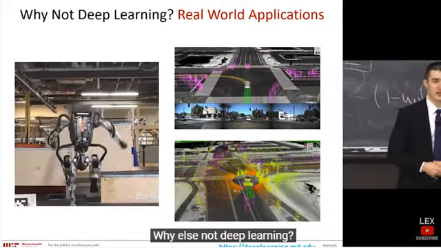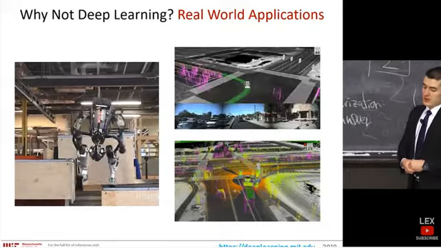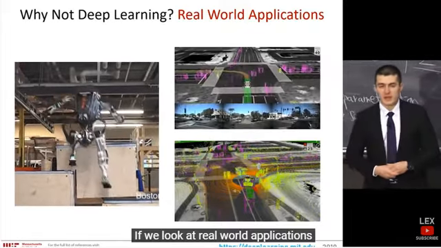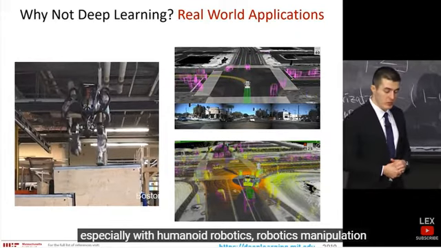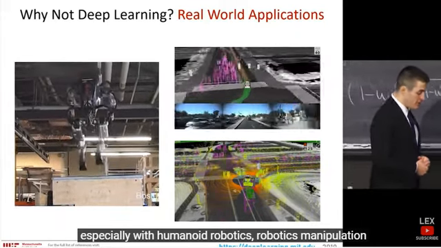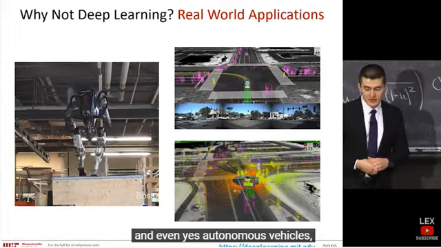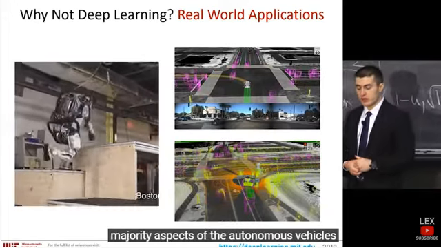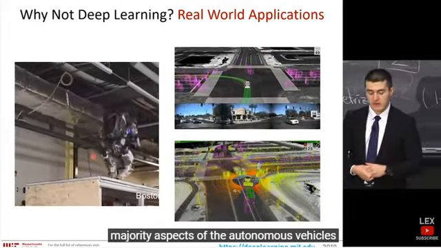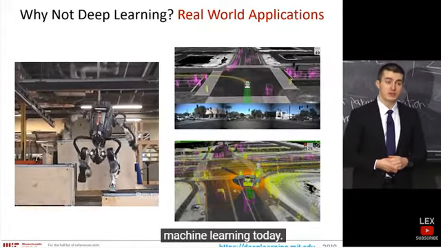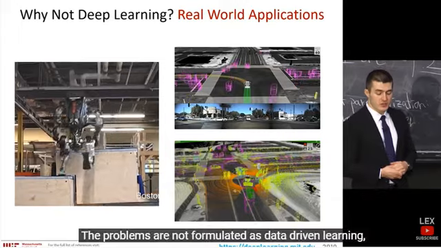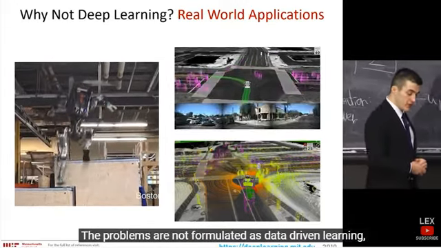Why else not deep learning? If we look at real-world applications, especially with humanoid robotics, robotic manipulation, and even, yes, autonomous vehicles, the majority of the aspects of autonomous vehicles do not involve, to an extensive amount, machine learning to date. The problems are not formulated as data-driven learning.